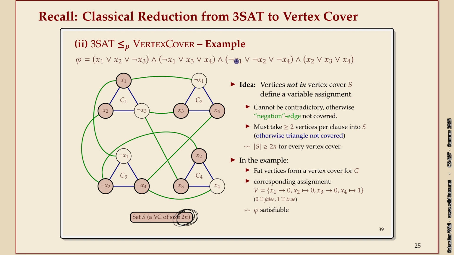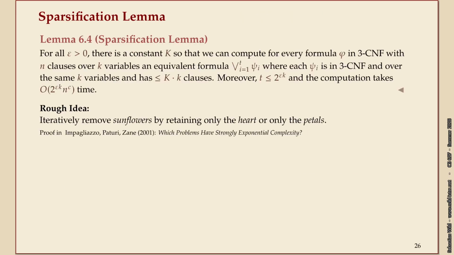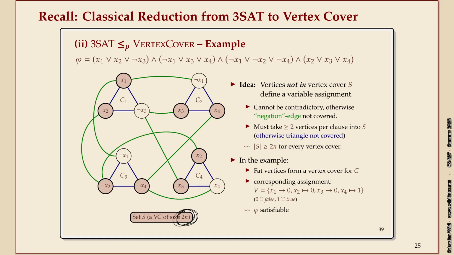If the formula has n clauses initially, then it'll have n triangles, so you need to take 2n vertices in your vertex cover. So before we can make sense of that, can we say something about the number of variables here?